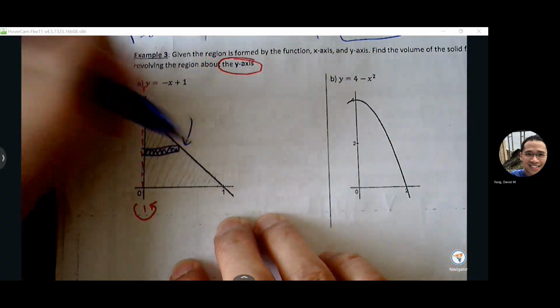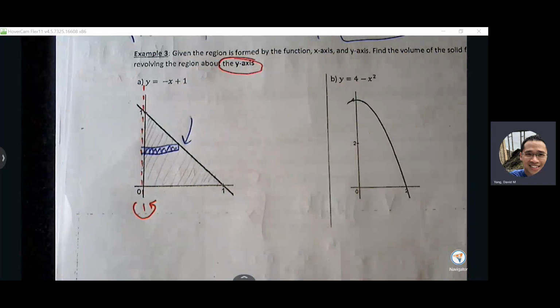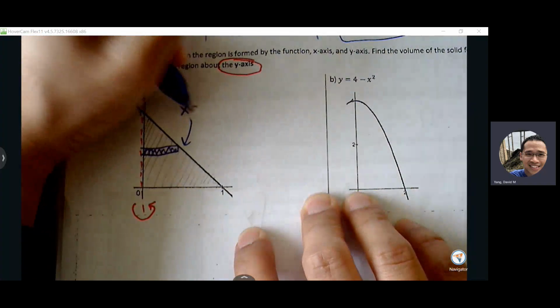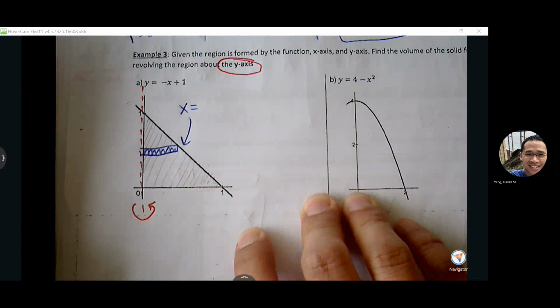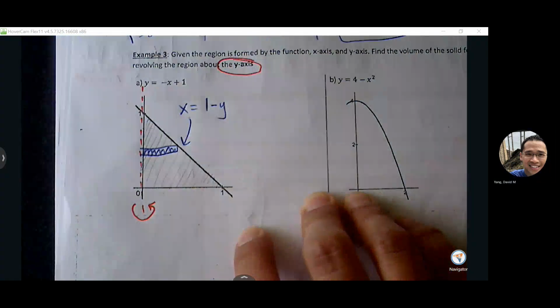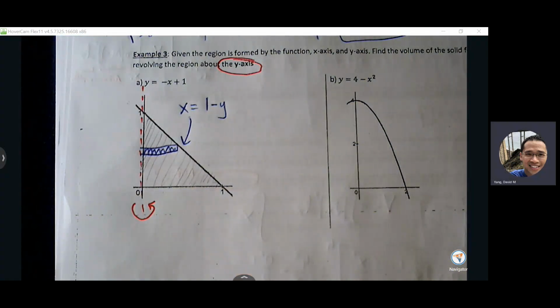So I can't use this y equals negative x plus 1. I need to rearrange it for a different variable. So if I solve for x, the equation would look like x equals what? One minus y. I move the negative x to the left side, I subtract 1 from the left to the right.